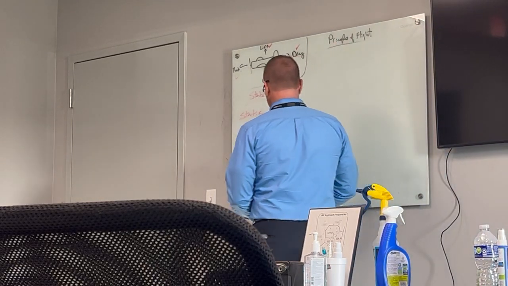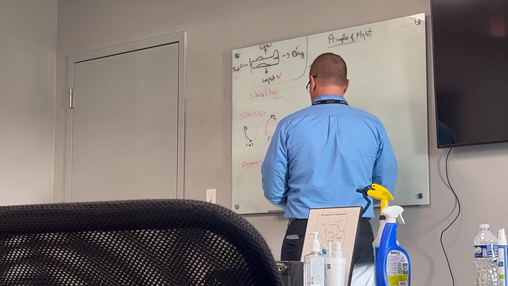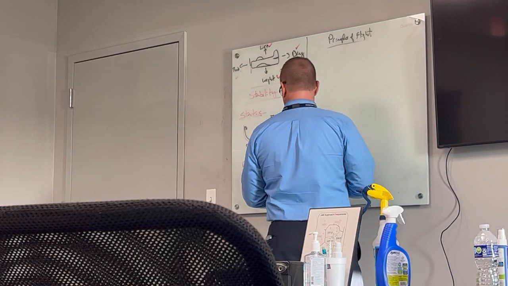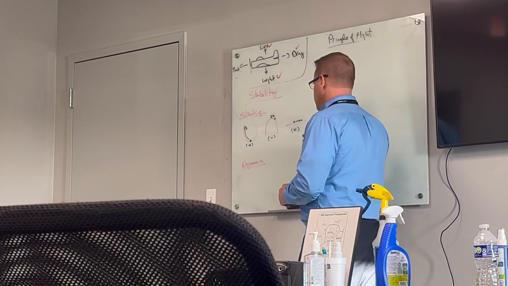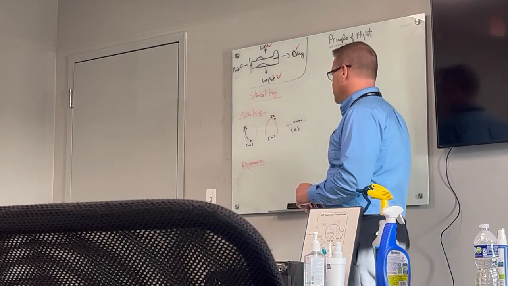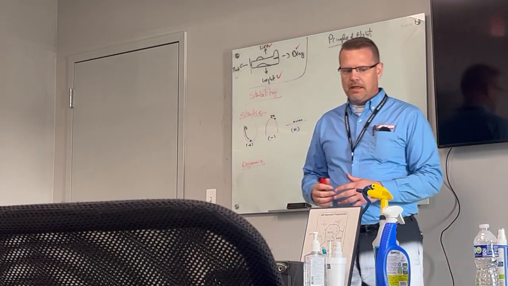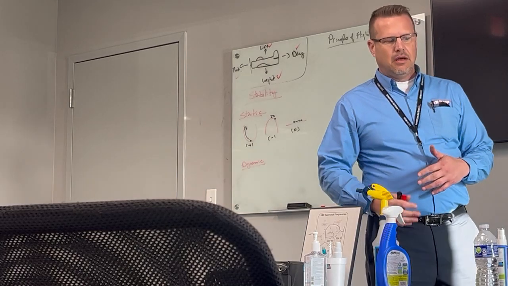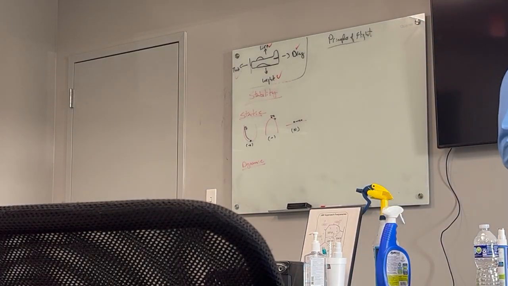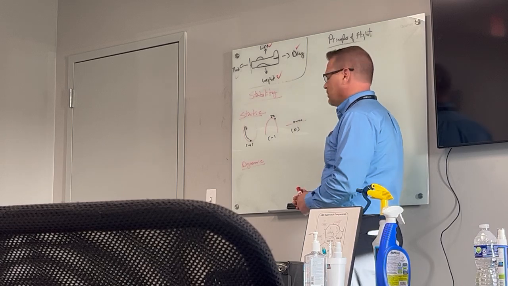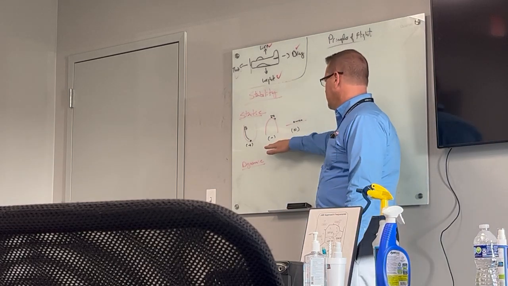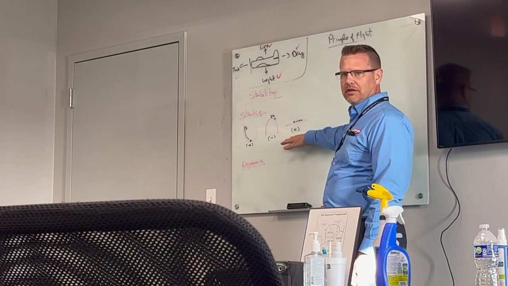For dynamic, well, actually, I guess the first thing we need to talk about is how do we get dynamic stability? So dynamic stability is the ability of an object to return to equilibrium over time, okay? And so we can't have any type of equilibrium at all in either of these two cases, in negative or neutral, right?